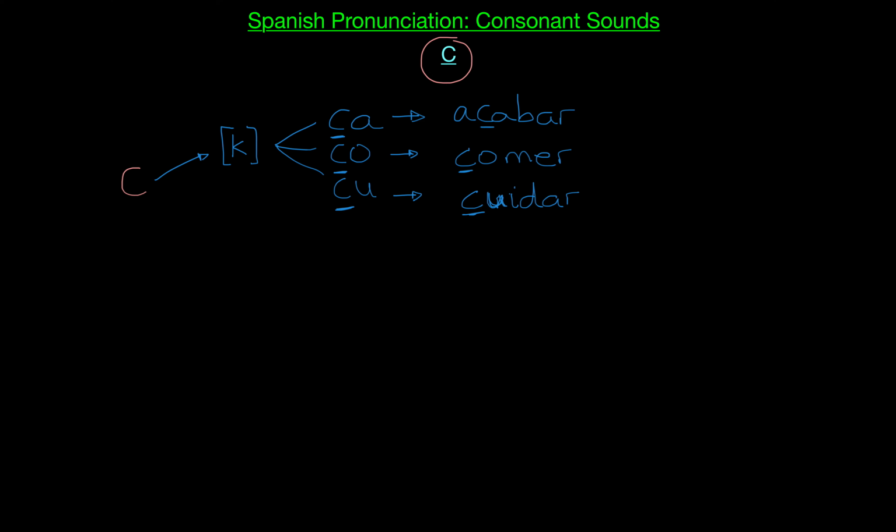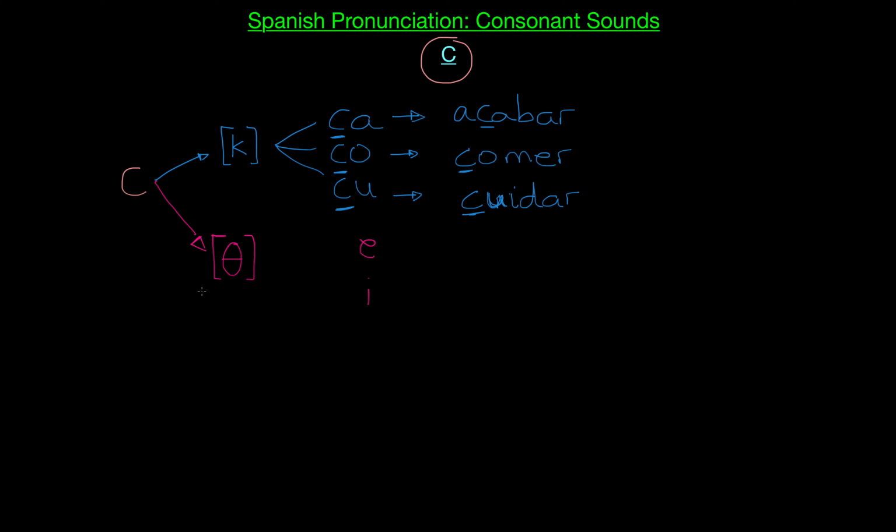Now, what happens when instead of before A, O, U, we find it before E or I? What happens is that instead of saying k, we'll say th, okay? I'll say this sound again, th. If you're into your phonetic alphabet, this sound is represented by a symbol which is a little bit like this.